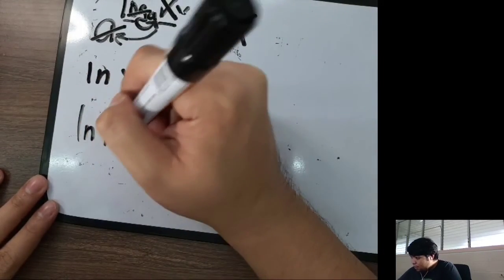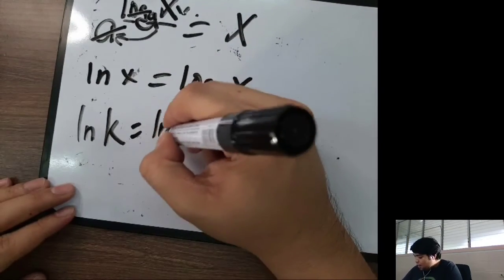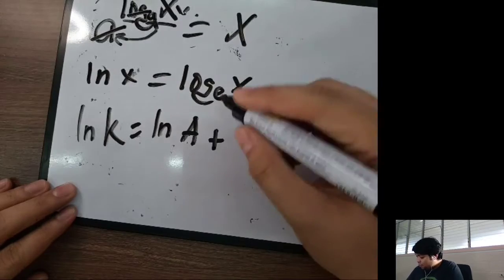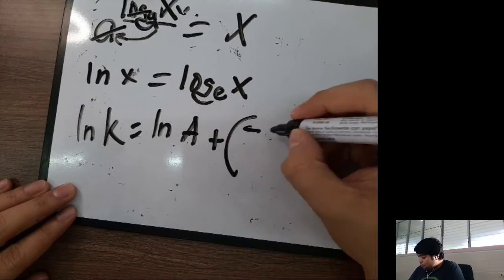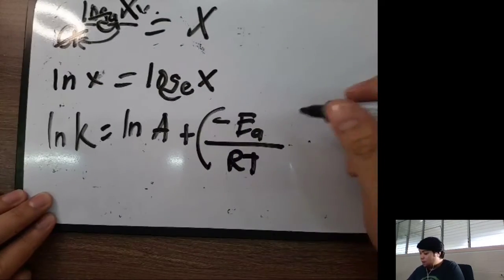ln k is equals to ln a plus negative E A over RT, right?